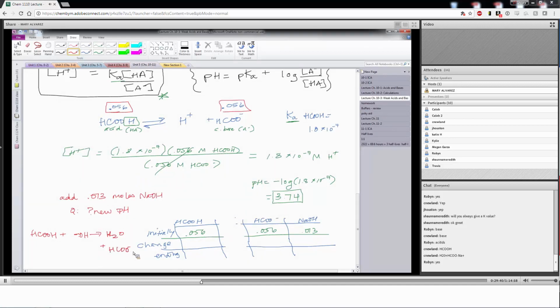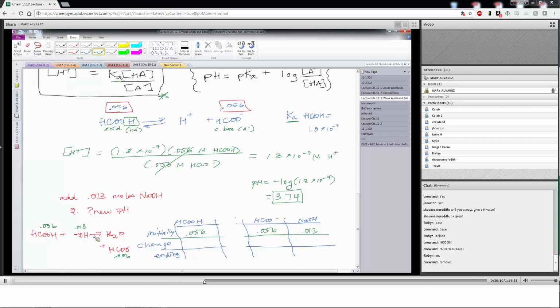Okay. All right. So let's say we initially had 0.056 moles of this, and I added 0.013 moles of this, and I had 0.056 moles of this. That hydroxide, when it reacts with the HCOOH, is it going to remove some of the HCOOH from solution, or is it going to add more of it as this equation is written?